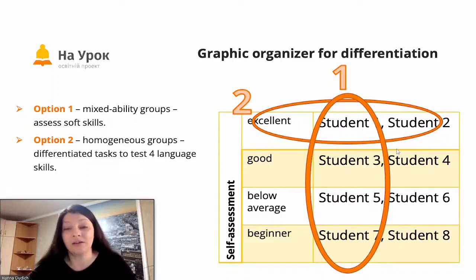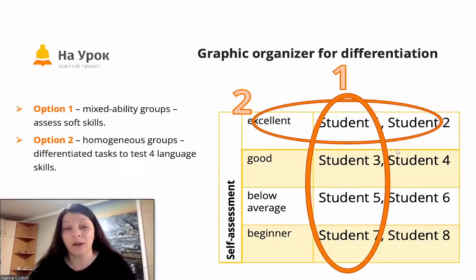If you write down your students in such an order, then it will be easier for you to choose the groups for differentiation and give your students tasks which will be suitable for the purpose of the lesson. So if you choose your groups horizontally, then you will have homogeneous groups of students of different abilities, and thus you may provide those students with tasks of different levels of difficulty.